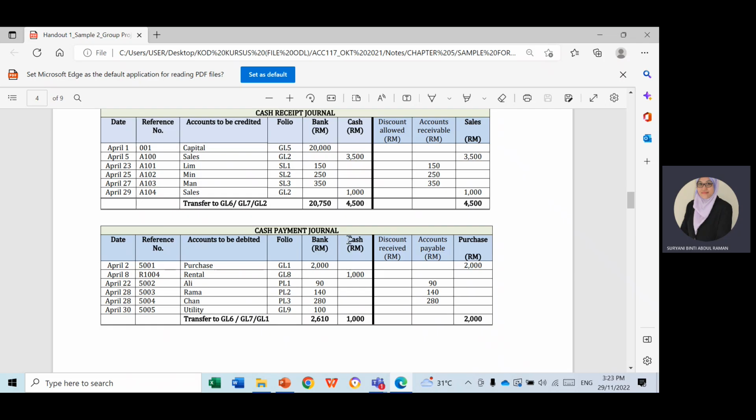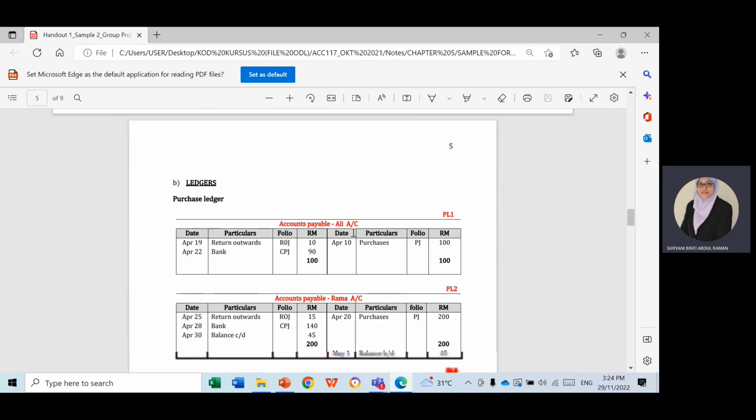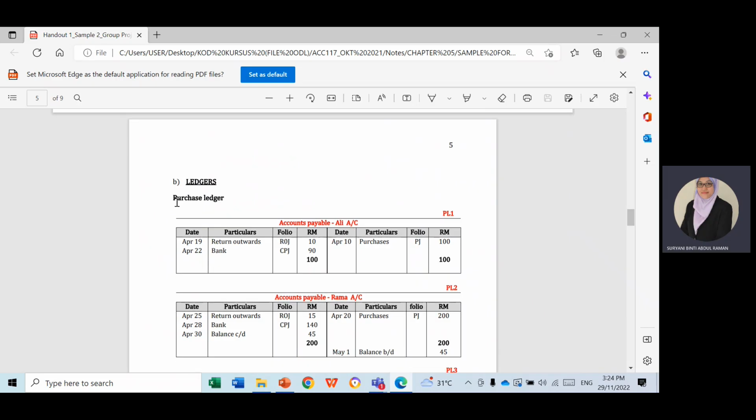The next is to post the transactions from the journal into the ledger. I have separated the ledger into the purchase ledger. What is the purchase ledger? Remember, the purchase ledger includes all the individual supplier accounts, known as accounts payable.